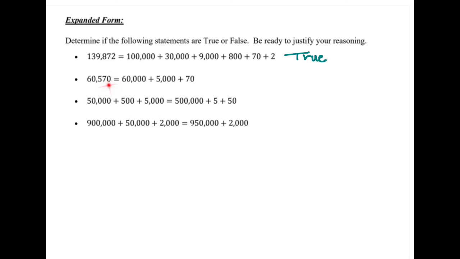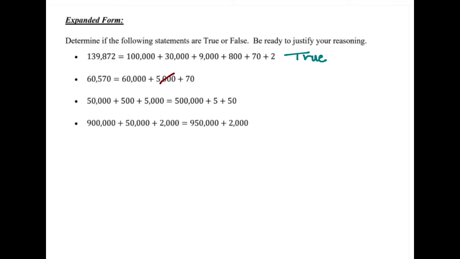Okay, the next one, starting with the 0 is in the ones place, so we don't have any ones. So the 7 is in the tens, so 7 times 10 is 70. The 5 is in the hundreds, so 5 times 100 is 500. Oh, and they have 5,000, don't they? So that one's wrong.